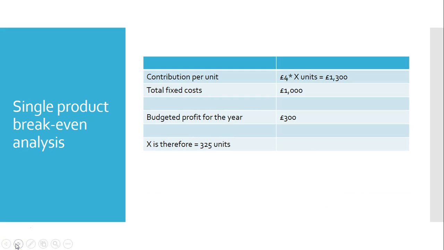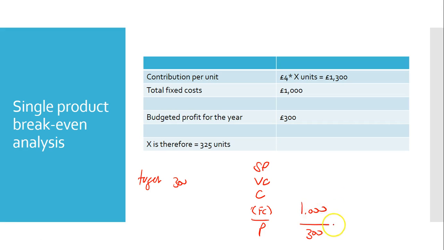And then I think the last question told us that we have this target profit of 300. So if you look at it this way, if you have selling price, variable costs, contribution, fixed costs, profit, and you're telling me that you want this to be 300 and you have fixed costs of 1,000, well, contribution must be 1,300, because to get 300 I'll need contribution to be 300 more than fixed costs.